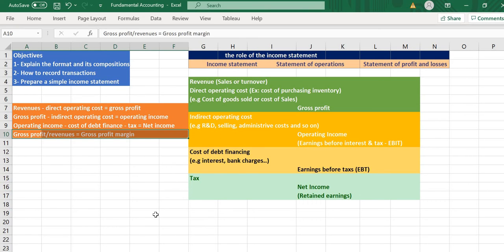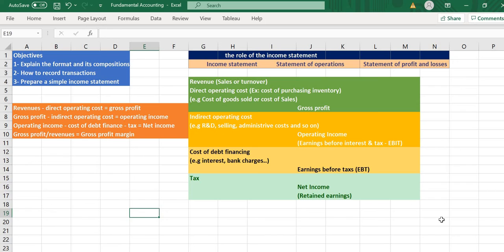So we can make further calculations from this point. We can calculate gross profit margin, equal to gross profit divided by the revenue. So this is very general information about the income statement for companies.